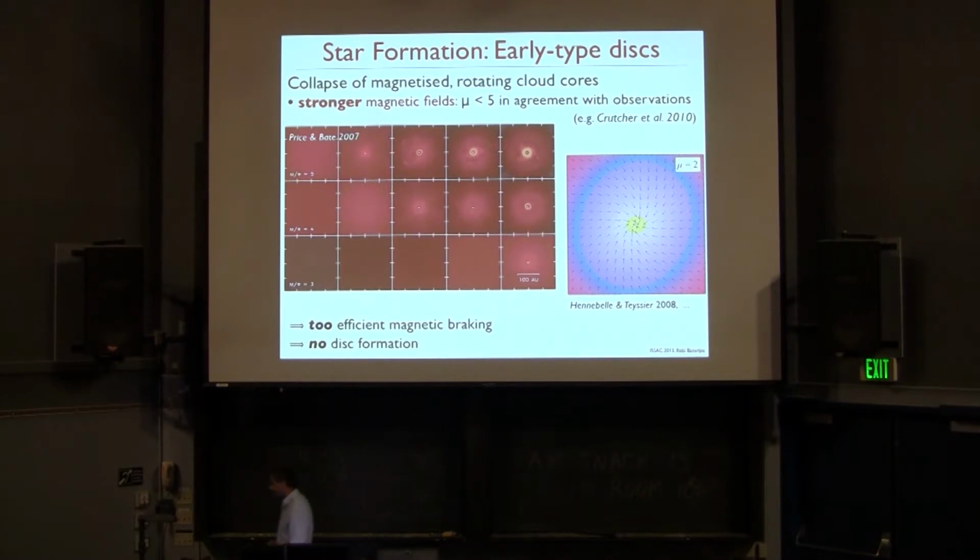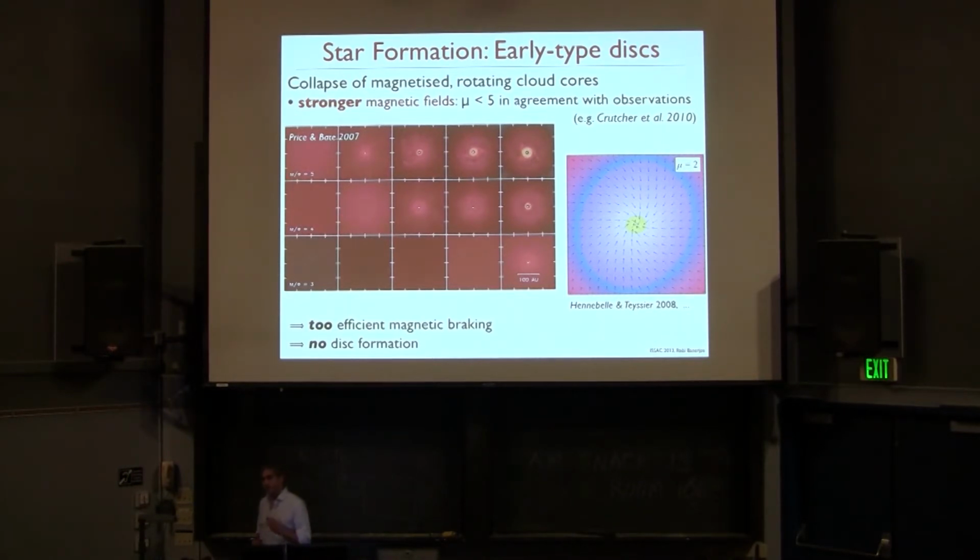The magnetic braking is so strong, it takes away so much angular momentum from this core that you have essentially a spherical collapse. This taking away of the angular momentum happens on fairly large scales already. It's not something which is important at the very center of this core, but on the scales where you really want to form your disk, more than 100 AU or so.